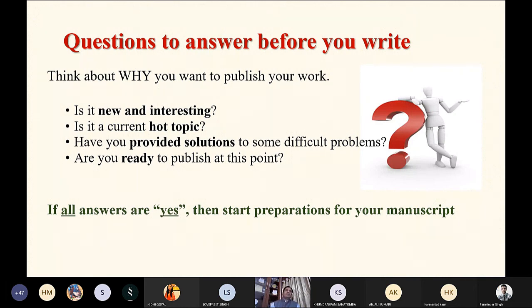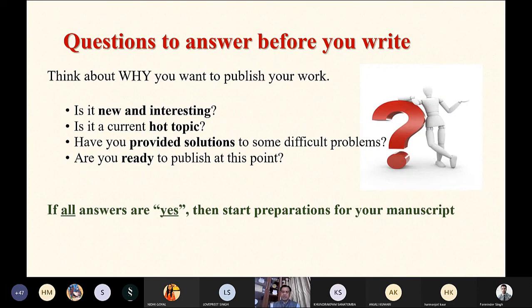So you have to ask yourself these questions before you start planning to go for publication. Whatever research topic, the study that you are going to conduct, the research manuscript you are going to write, is it new and interesting?